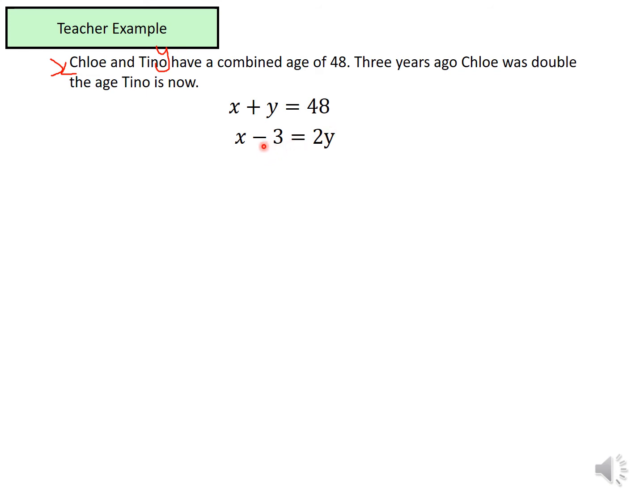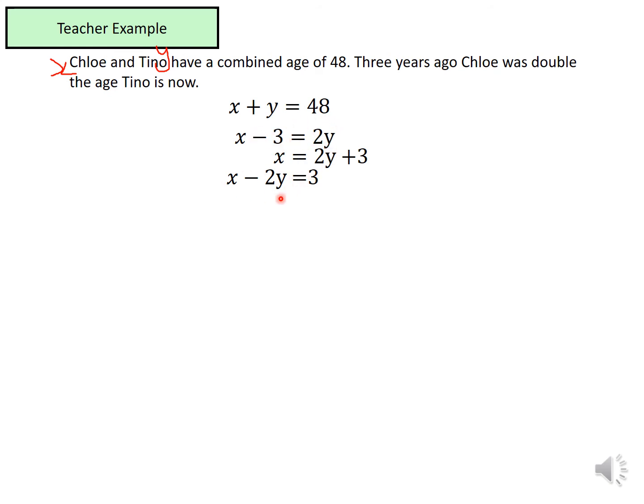Add 3 to both sides, and you get x equal to 2y plus 3, because plus 3 and minus 3 cancel out. Now we want to bring the 2y to the other side, so we do minus 2y on both sides, and then you get x minus 2y equal to 3. We just did a little bit of rearranging.